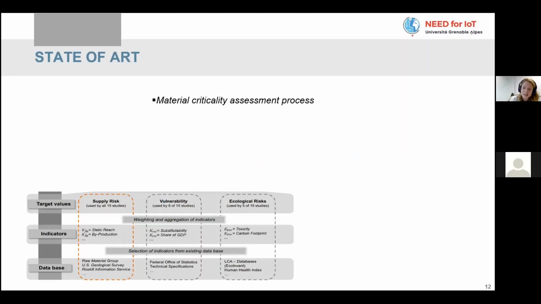When I say vulnerability, I also mean importance of use and economical importance. It's all the same for the researcher. Also here, we have indicators, economical indicators, substitutability indicators, so they can allow the company to measure the vulnerability or the importance of use of each material.